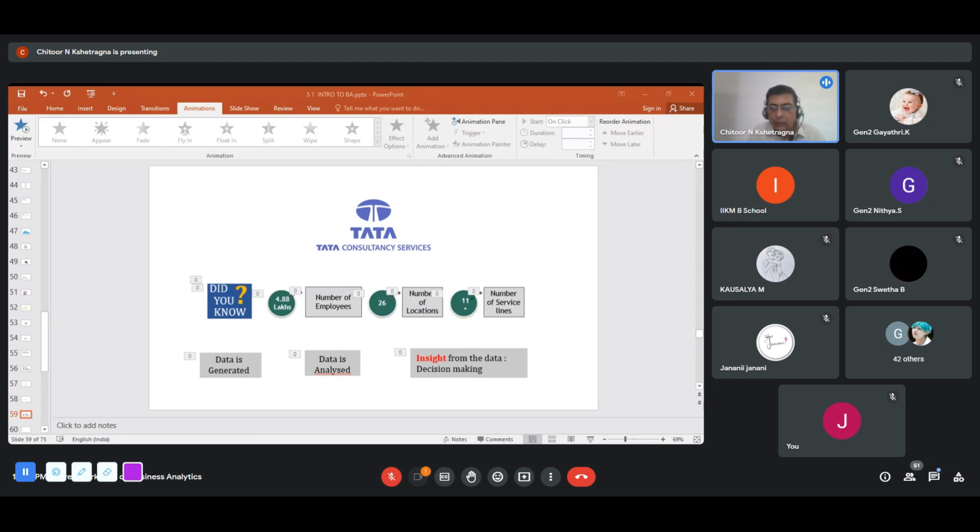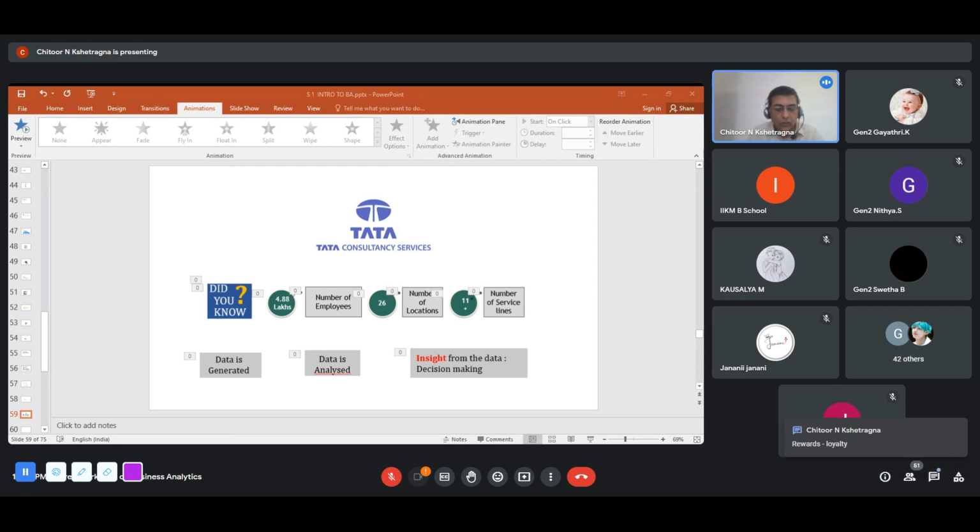Let me give you one small issue. They give a lot of reward programs as part of CRM, customer relationship management. They give you a lot of rewards as part of loyalty CRM, because they want loyal customers.